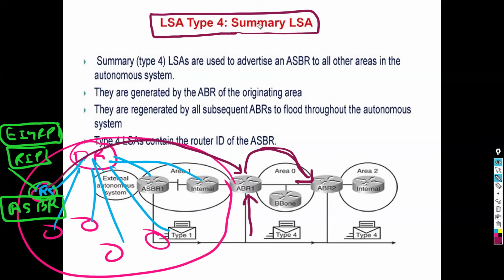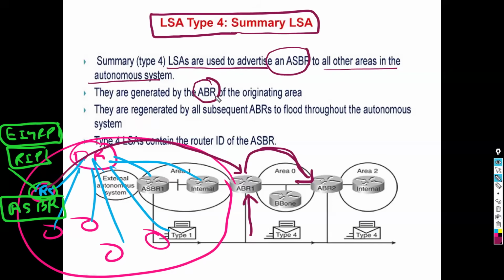ASBR summary LSA. This type of update is called LSA type 4. Type 4 summary LSAs are used to advertise an ASBR to all other areas in the autonomous system. Yes, it is generated by the ABR.